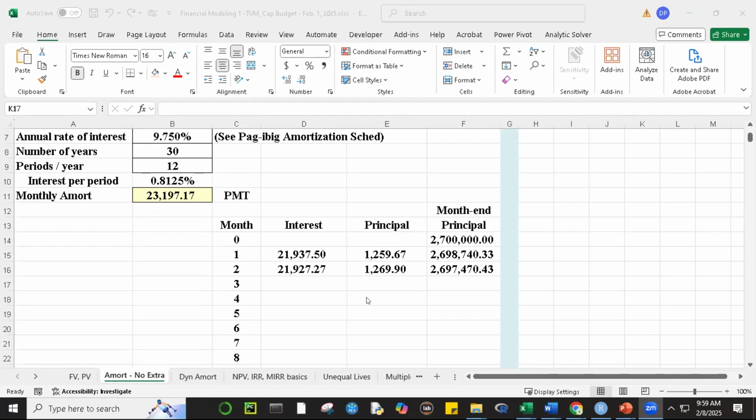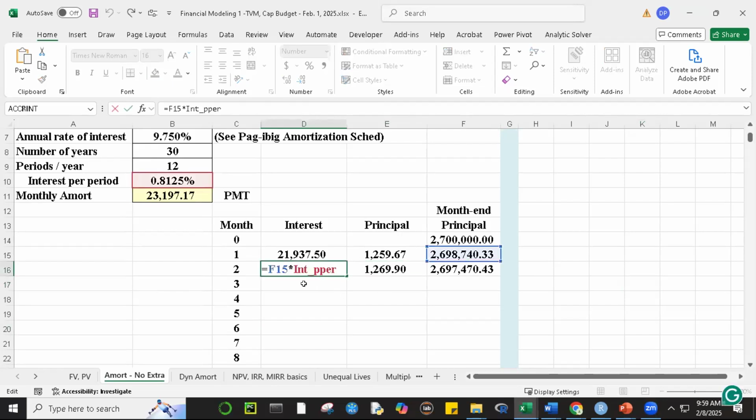Now, of course, we're not going to do this per month, because you notice that month 3 will be the same formula. It will be equal to the previous month-end principal balance multiplied by the interest per period. The interest for month 3, will it be the same formula?